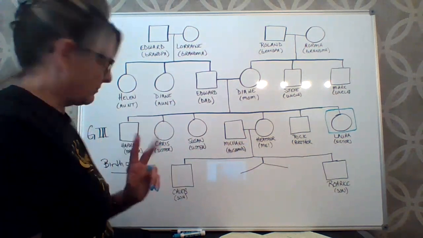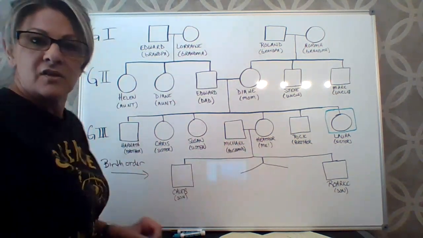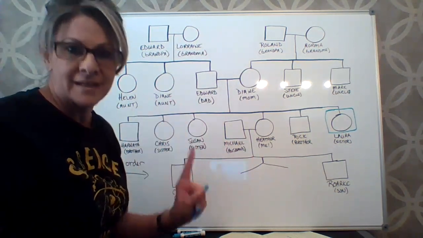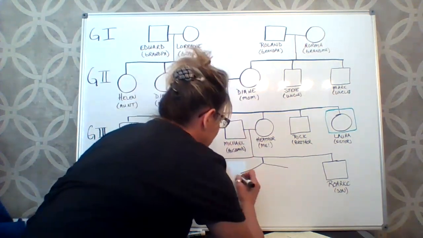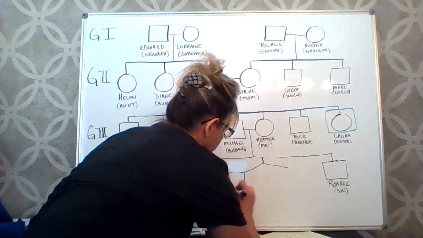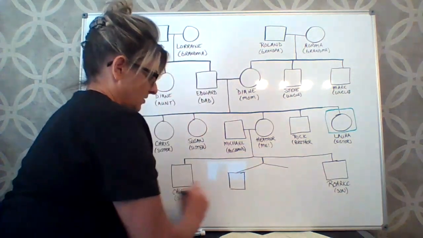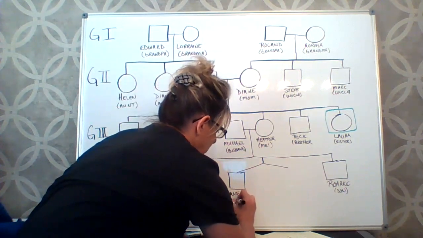Now, I have a boy and a girl, but remember, birth order goes in this direction. So the oldest twin, who's older by a whole minute, gets to go on this side. And that's my son, so that's Lane. So we're going to add in my son here. Okay, so this is Lane. That's my son.